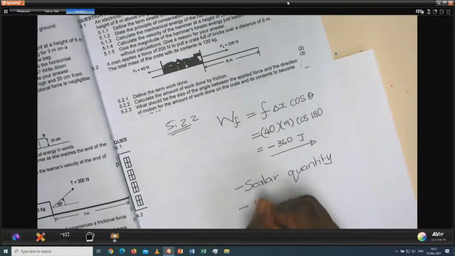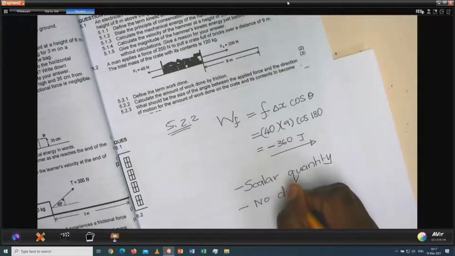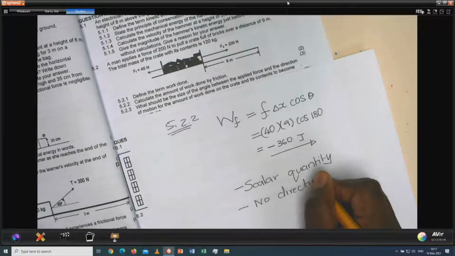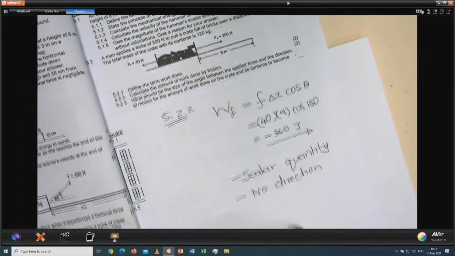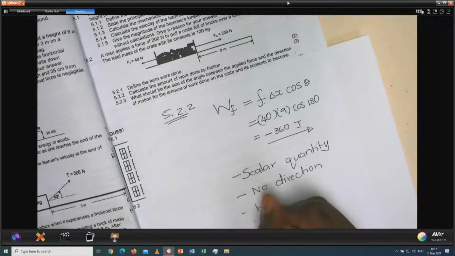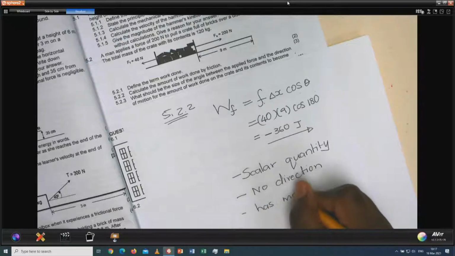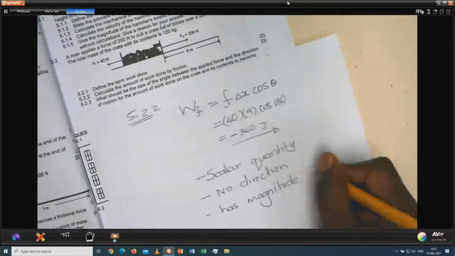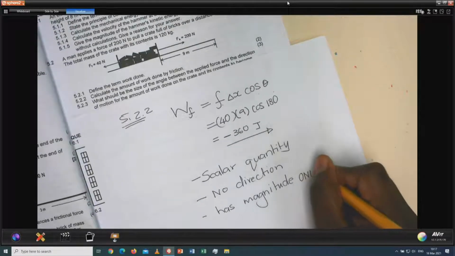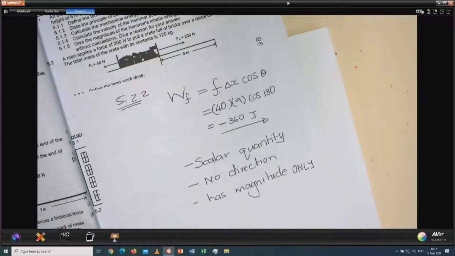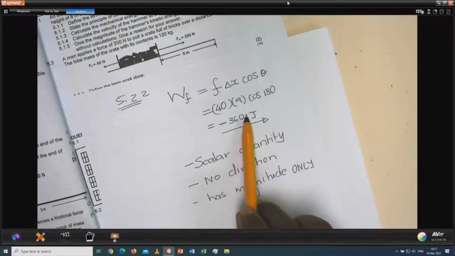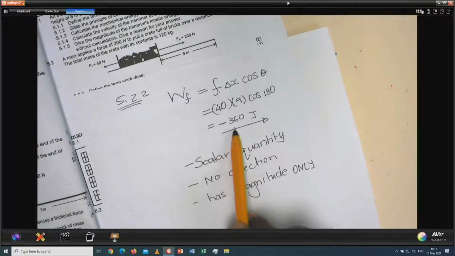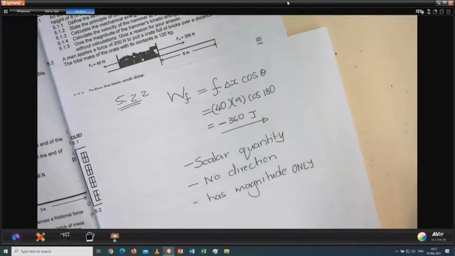That means it has no direction. That means it has magnitude only. So this whole value, the negative, is the magnitude.